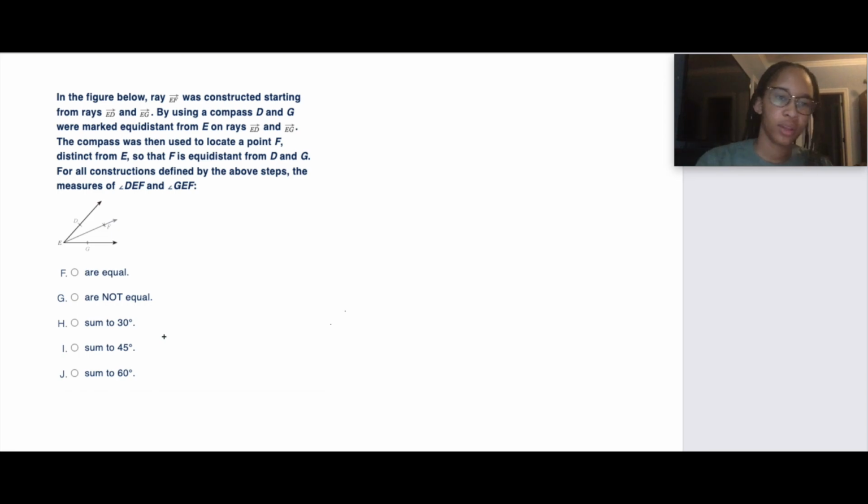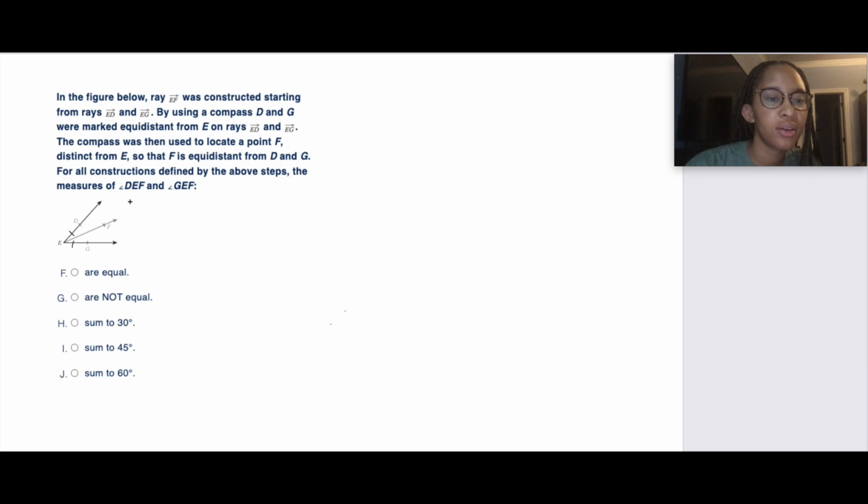First let's mark all the information that they gave us in the problem on this little model. We know that D and G are going to be equidistant from E. Equidistant means that they're going to be an equal distance from E. So that means that ED and EG are going to be the same length, so these are going to be congruent.